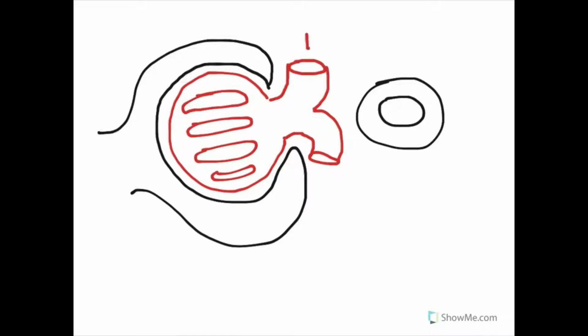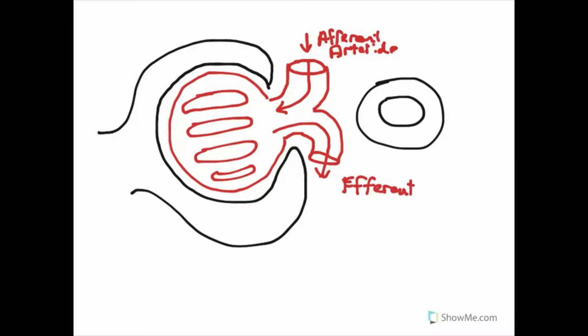Starting out here, you have blood coming in, arriving to what is called the afferent arriving arteriole, which is a little bit larger in diameter. Through the afferent arteriole, blood will enter the glomerulus here. It will pass through and then come back out the efferent exiting arteriole.